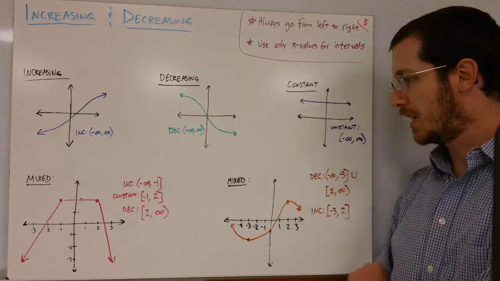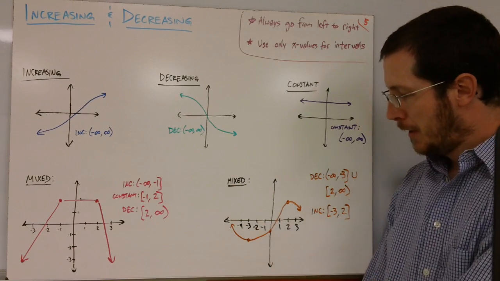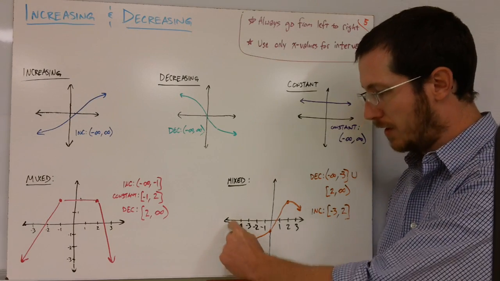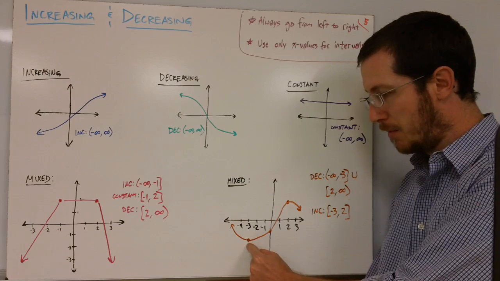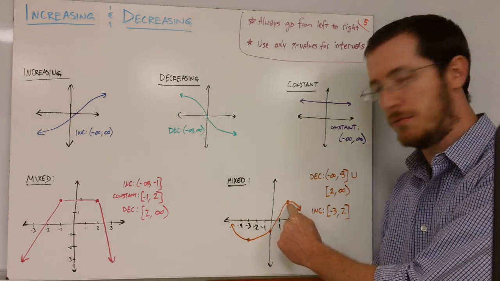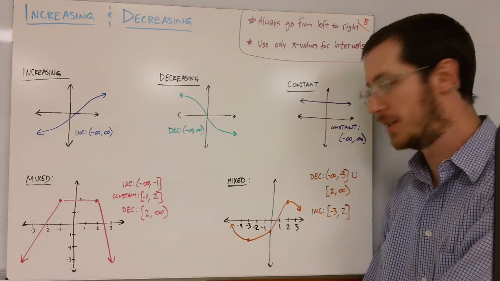Another example of a mixed or combination function. We've got a piece here that looks like it's decreasing to this minimum point. Then it starts to increase up to this maximum, and then it looks like it decreases again. So let's break that up into 3 pieces.